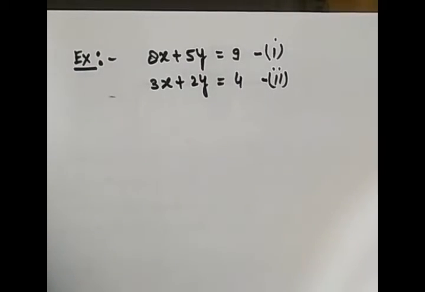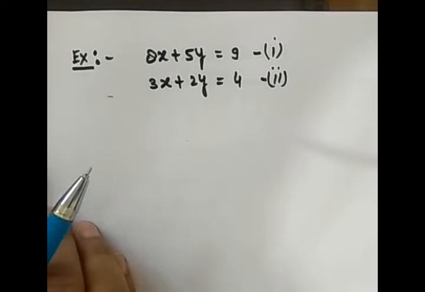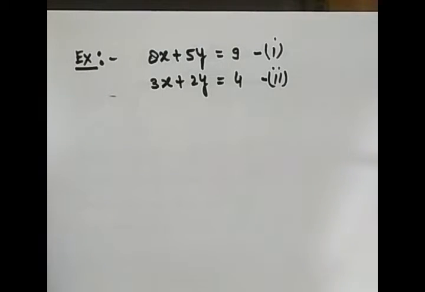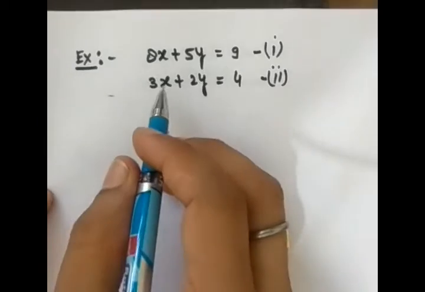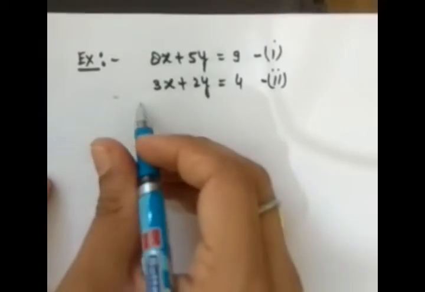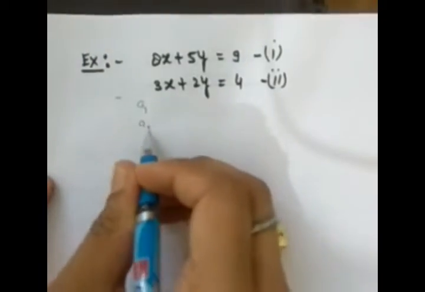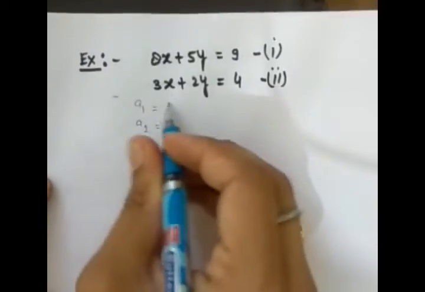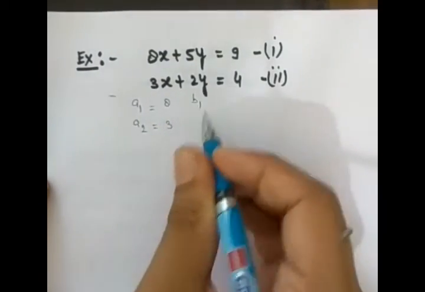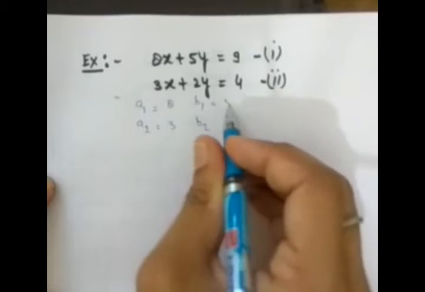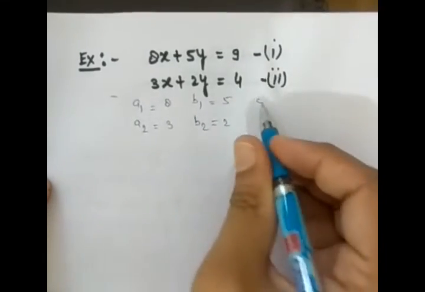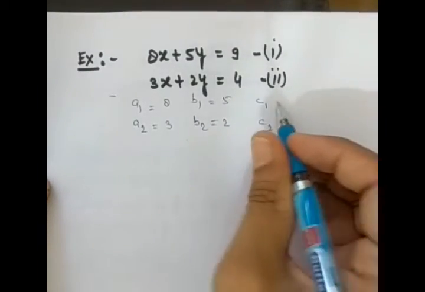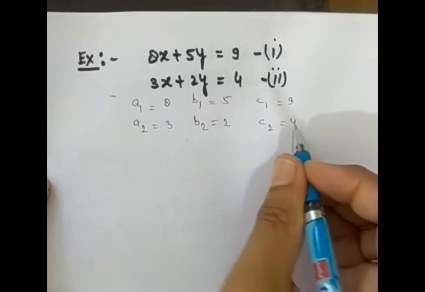Now we will take one example and try to understand the method. Two equations are given and we are interested in finding out the solution for this by utilizing the cross multiplication method. So the first step is we will compare the coefficients. So a1, a2 are 8 and 3, b1, b2 are 5 and 2, c1 and c2 are 9 and 4.